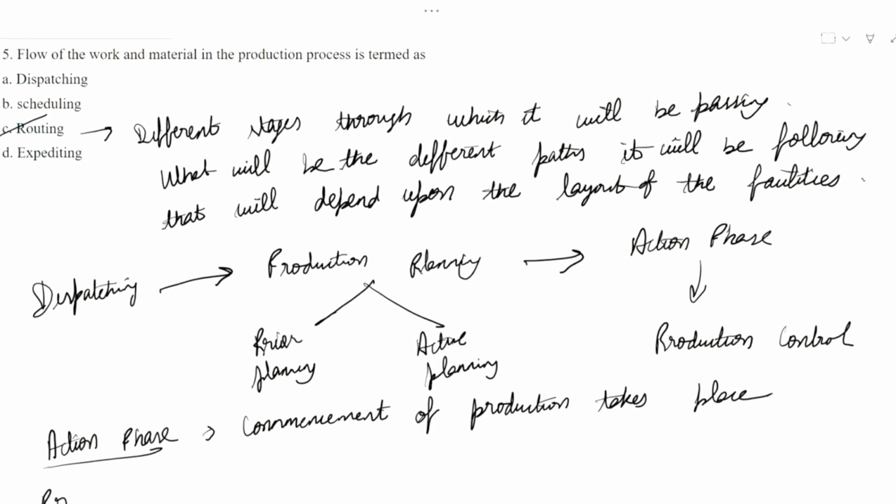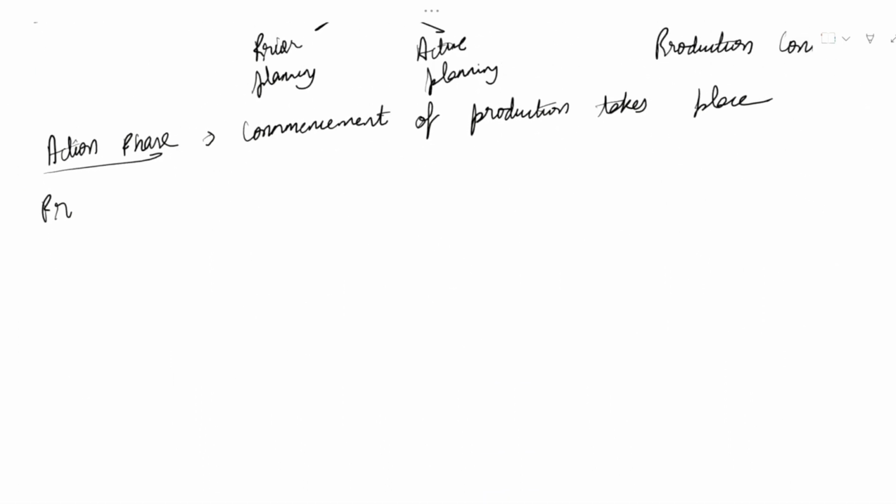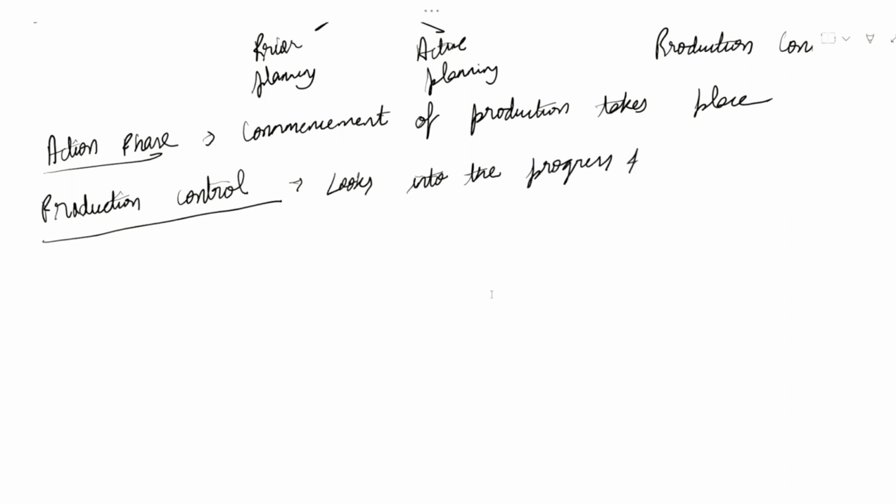Now production control looks into the progress and identifies if there is any deviation from the planned production.